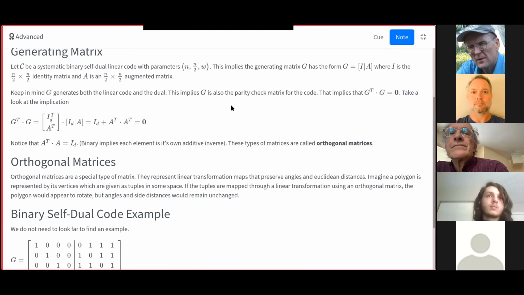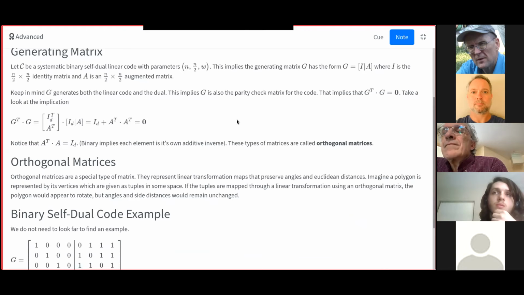Now, their construction for their generating matrix is pretty interesting, because if you have an identity matrix on the left, the matrix on the right, the augmented one, is going to have the exact same dimensions. And as it turns out, if you look at the second line, where we have what it means to multiply the generating matrix of the orthogonal complement and G, it means that G generates both the orthogonal complement and itself.